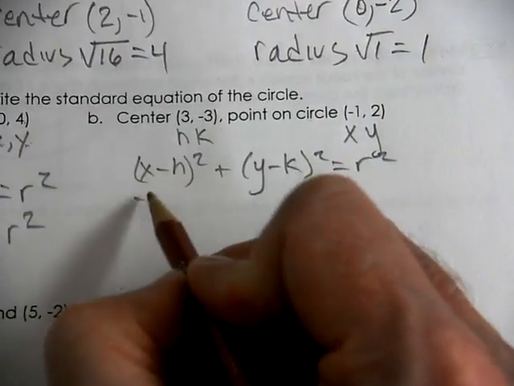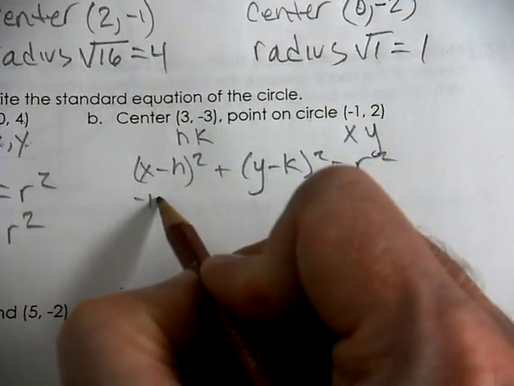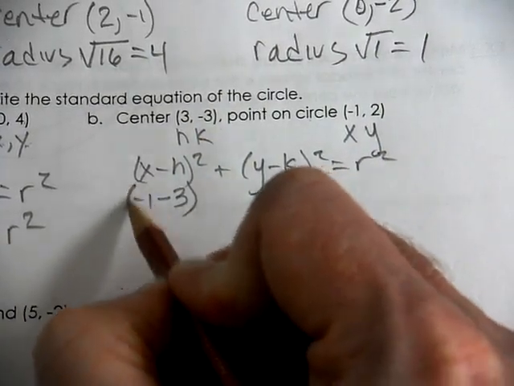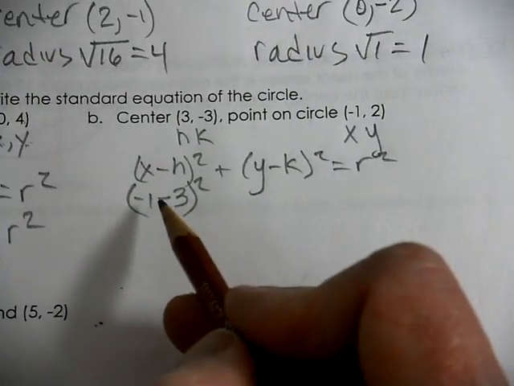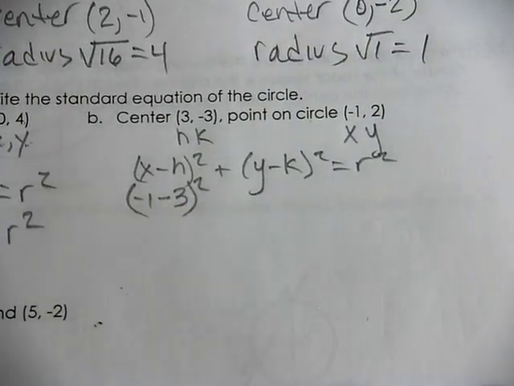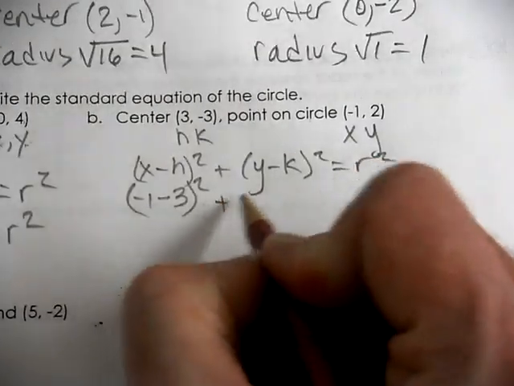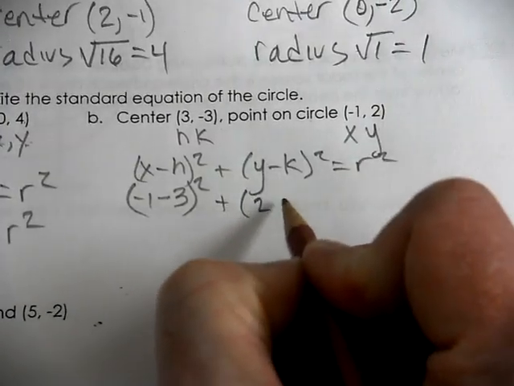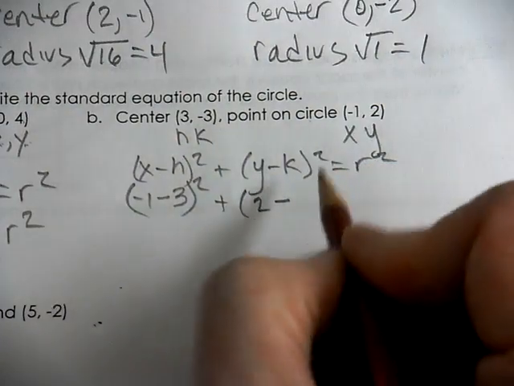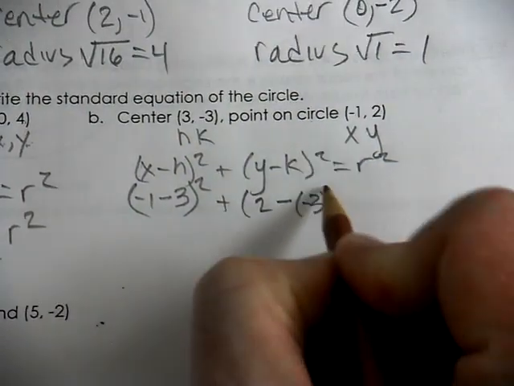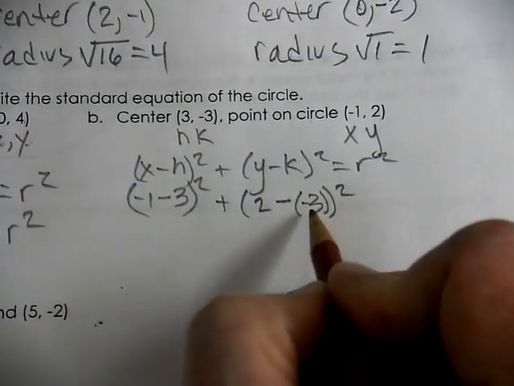So we know our x is -1 and our h is 3, so it's x minus 3, so it looks like a -3 there. Plus the y value was 2 minus, now it's a -3, so it's minus a negative.